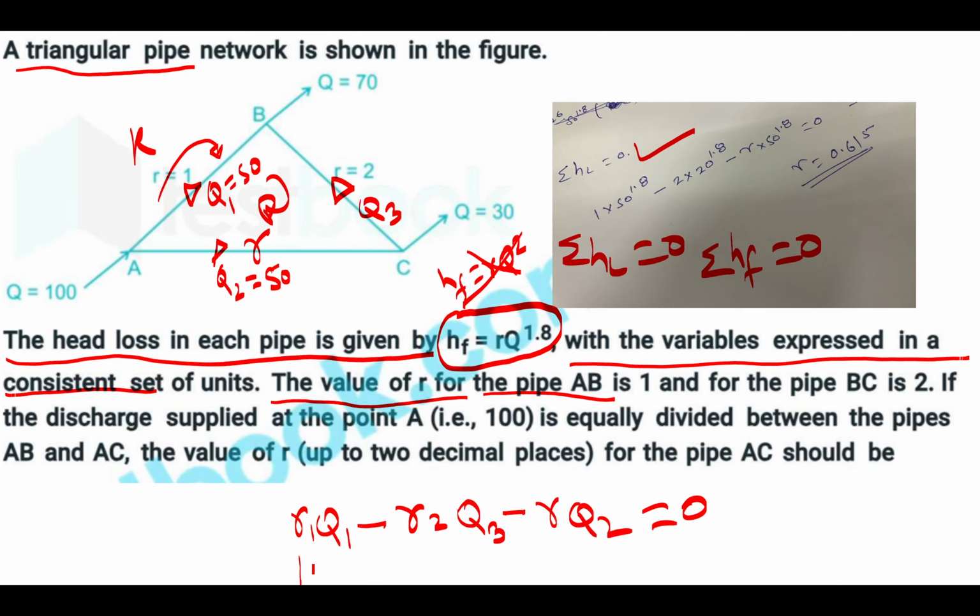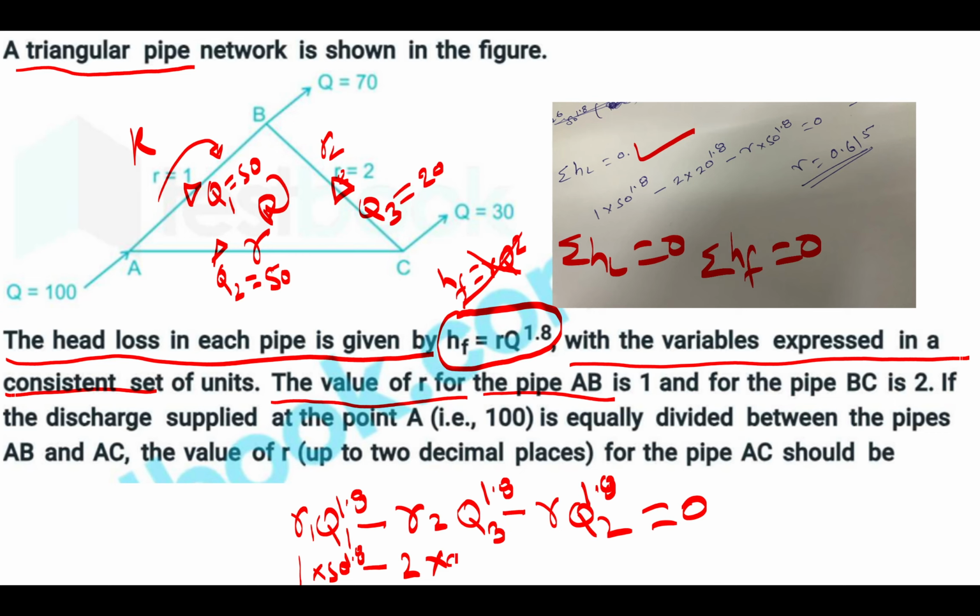So R1 value is how much? R1 is 1, Q1 is 50, power 1.8 is everywhere. So your R2 value is how much? Let's suppose this is R2, then R2 is 2 into power 1.8, this is Q3. Q3 is how much? Here 30 is leaving, this side will go 20.